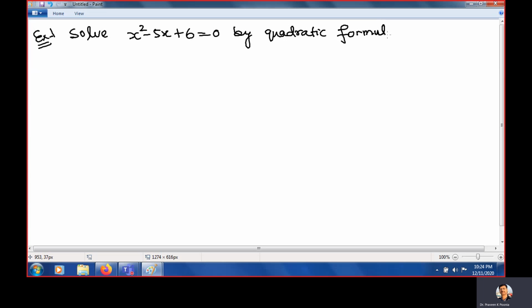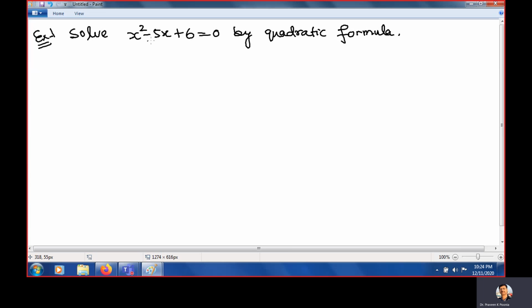Let us take example number 1. Solve x square minus 5x plus 6 equal to 0 by quadratic formula. A 3 marks question is generally asked in the final exam from this.